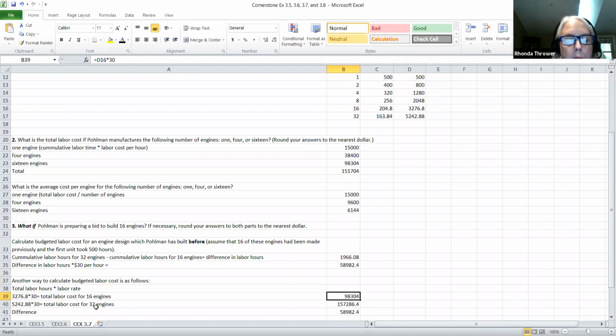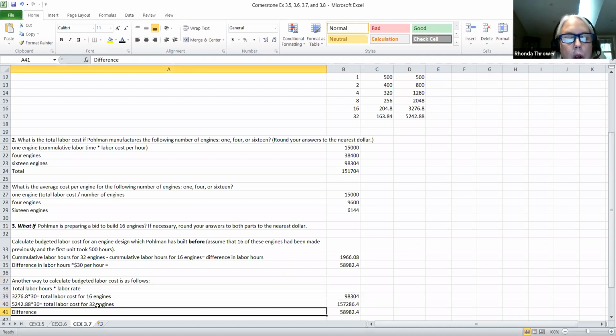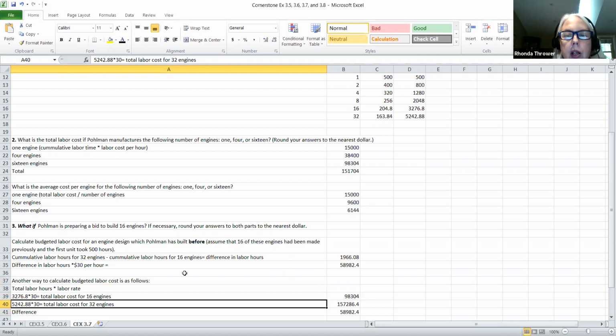And then I would find my total cost for 32 engines. If there's 32 engines produced, it's 5,242.88 hours times $30 for each of those hours. The total labor cost for 32 engines is $157,286.